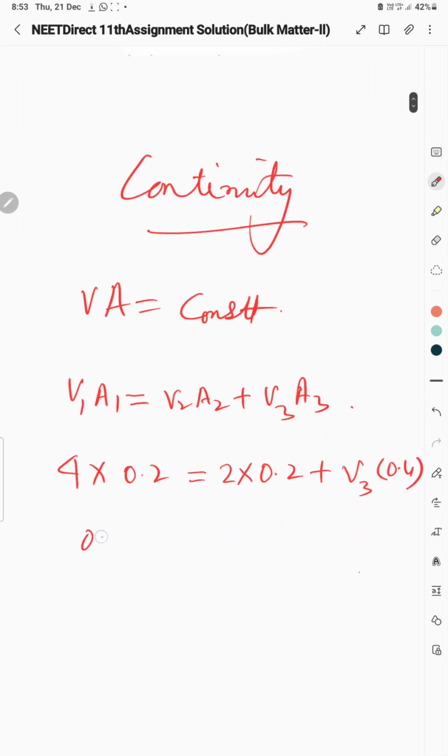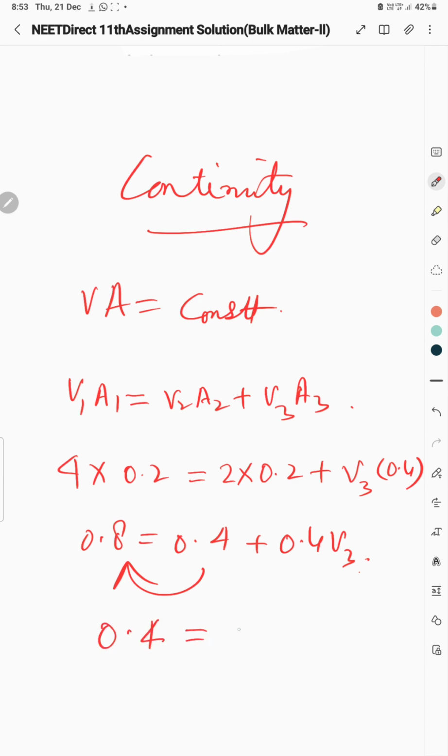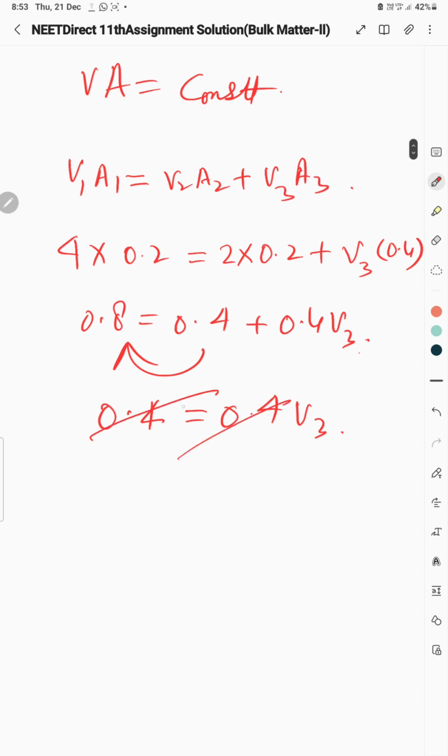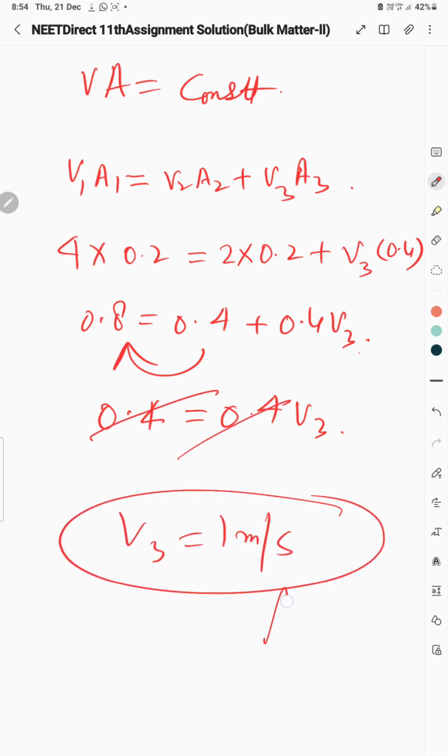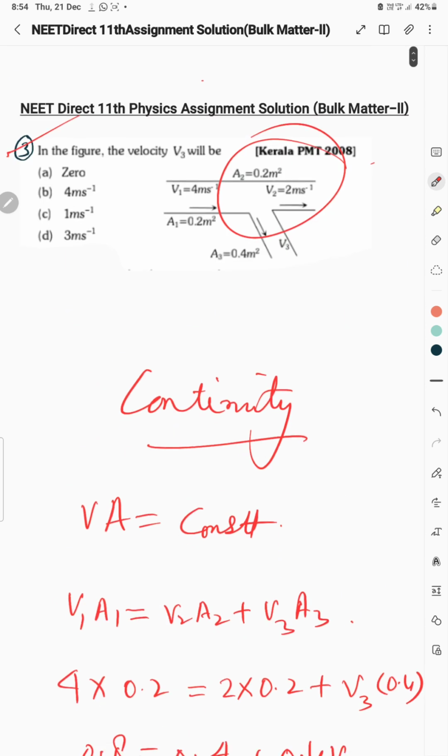Simplified further, it's 0.8, this is 0.4, it is 0.4 V3. Shift it here, it becomes 0.4, it's again 0.4 V3, and you simplify it further, V3 becomes 1 meter per second. So the option here is 1 meter per second. Option C is the correct option for this problem.